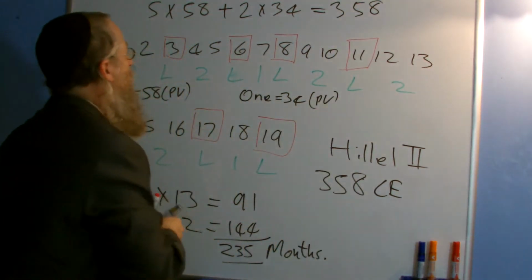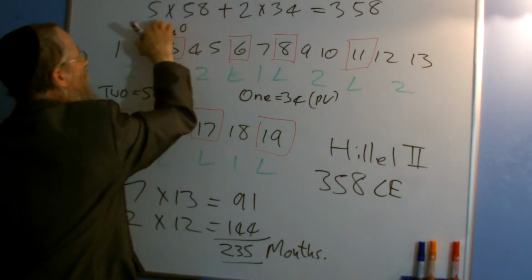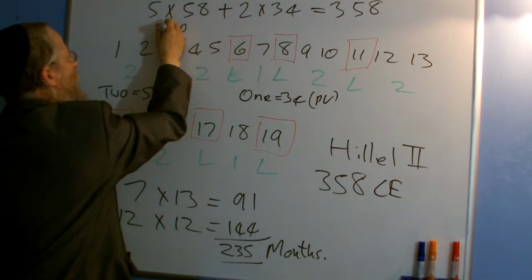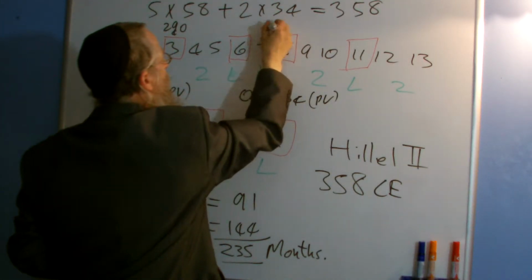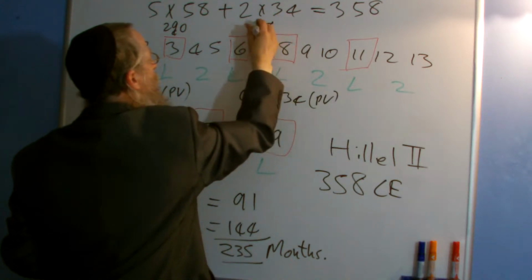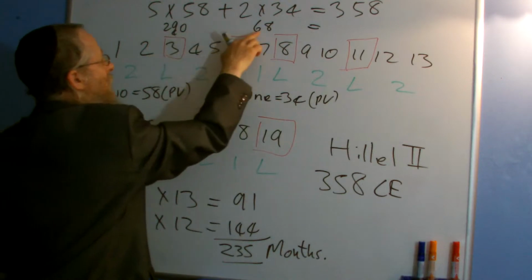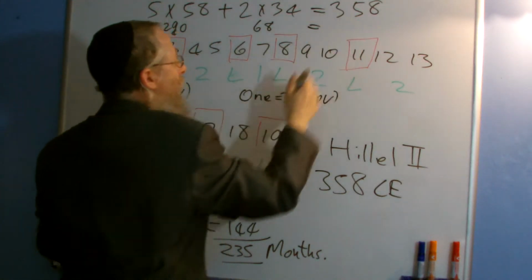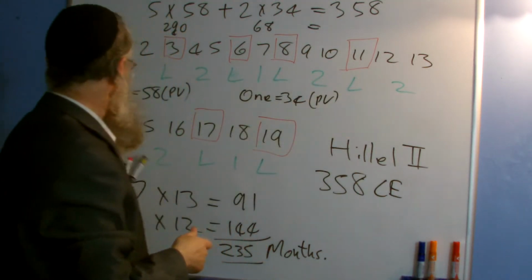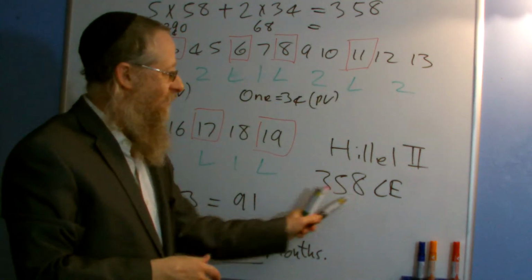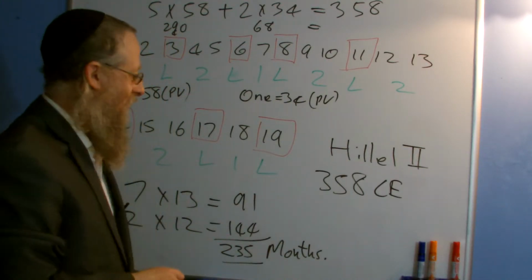If you want to just check that out, 5 times 8 is 40. Write it down here. 5 times 5 is 25 plus 4 is 290. If I come over here, 2 times 4 is 8, 2 times 3 is 6. And if I add those together, 290 plus 68 equals 358. In other words, this pattern 2, 2, 1, 2, 2, 2, 1 gives me the same number as the year in which Hillel actually calculated this.